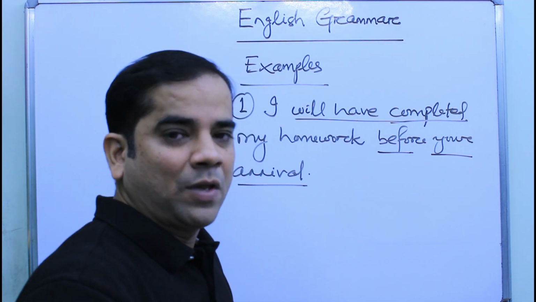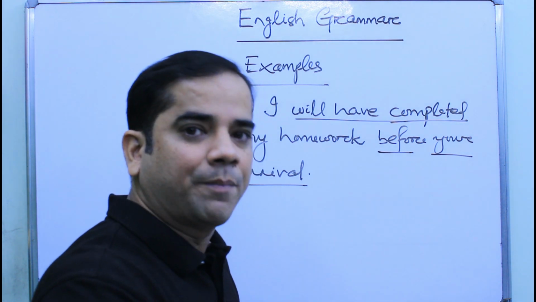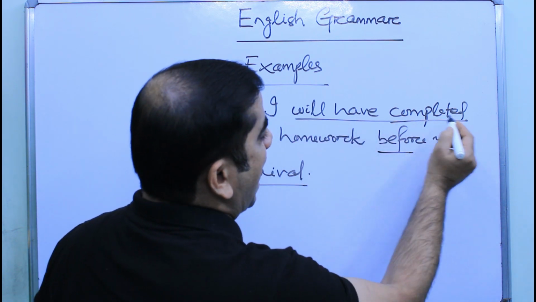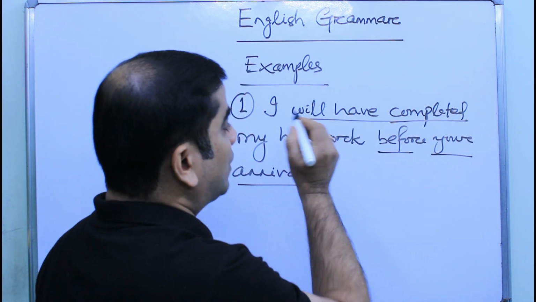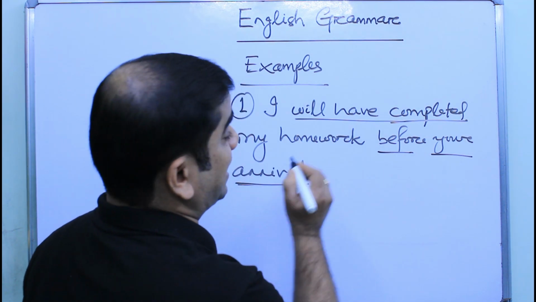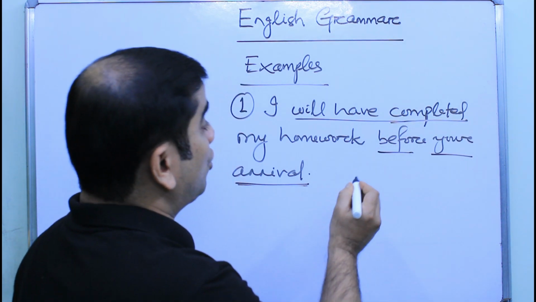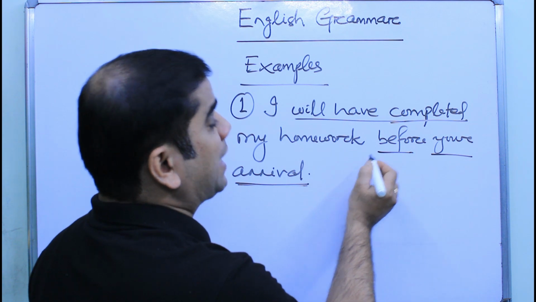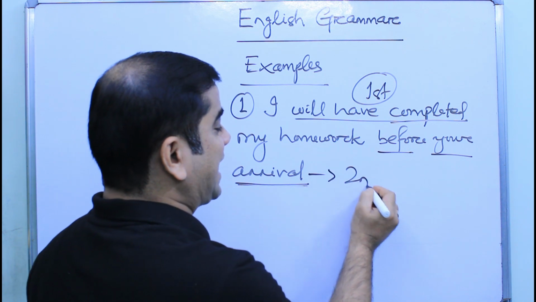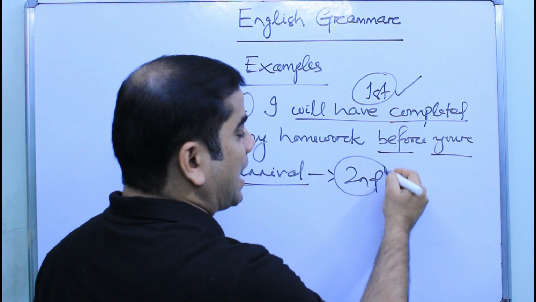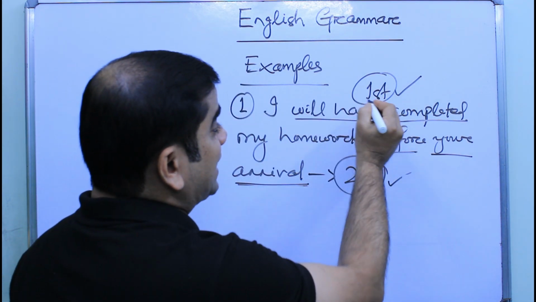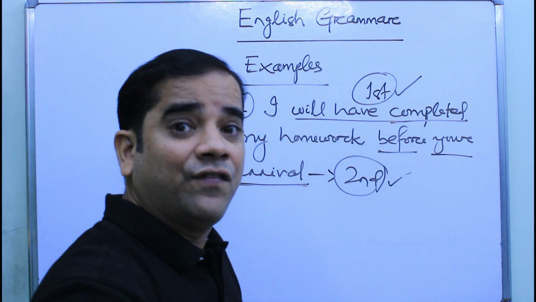We will also discuss the formation of the verb in future perfect tense. Just concentrate on this sentence first. Will have completed, completion of the work. The sentence is totally in future tense and there are two actions, arrival and completion. So will have completed my homework before, that means this is the first action and this is the second action. This action is past of that action because before is used. So the first action is in future perfect tense.